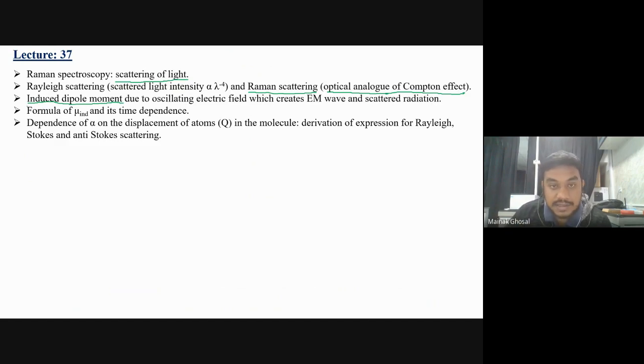So this induced dipole, mu induced, is related to E. If you make it equal, there should be something like alpha times E, and this alpha is called polarizability.